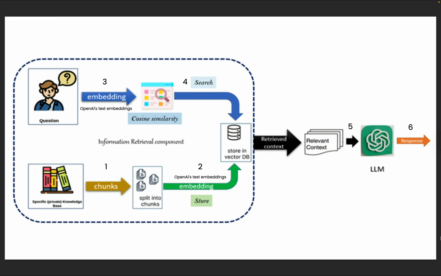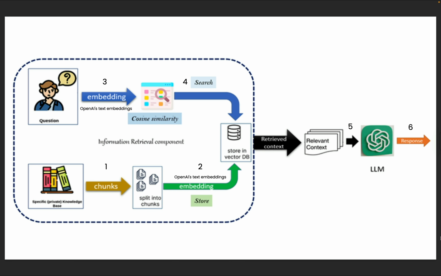Now, when a user asks a question, for example, how do I change my billing method? That question is also converted into a vector using the same embedding model. That vector is then sent to Pinecone, which compares it to all your stored document chunk vectors. Using cosine similarity, it finds the chunks with the closest meaning, even if the wording is totally different.